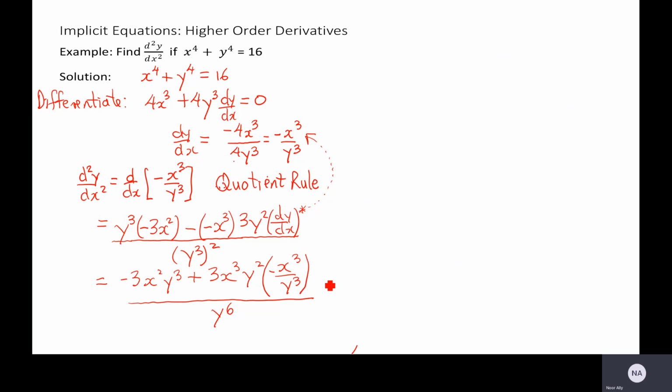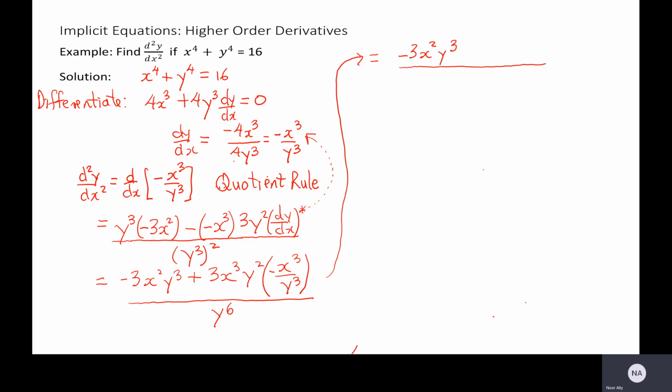I'll continue with the problem here. That is equal to, can we simplify further? Yes. In the numerator, the first term remains the same, minus 3x squared y cubed.